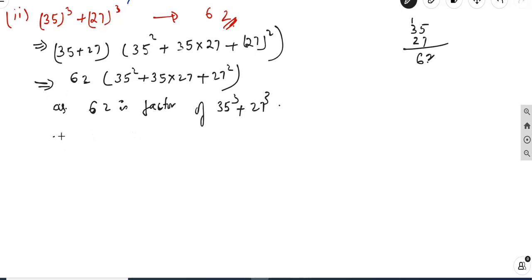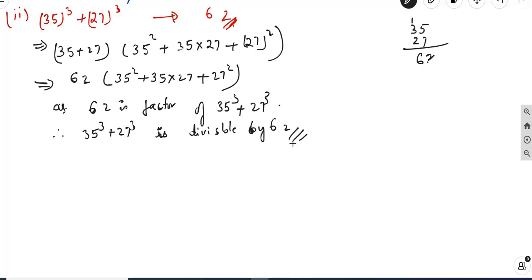Therefore 35 cube plus 27 cube is divisible by 62. Okay, so this is the second problem under question number 18.